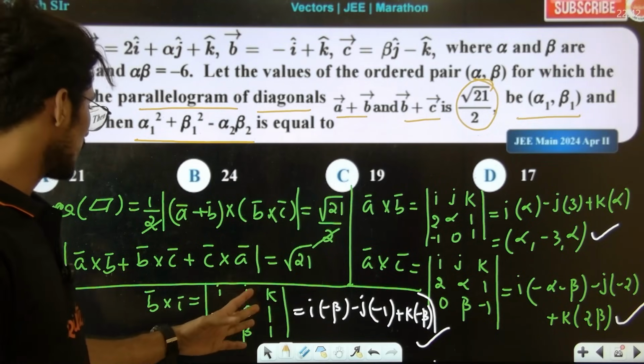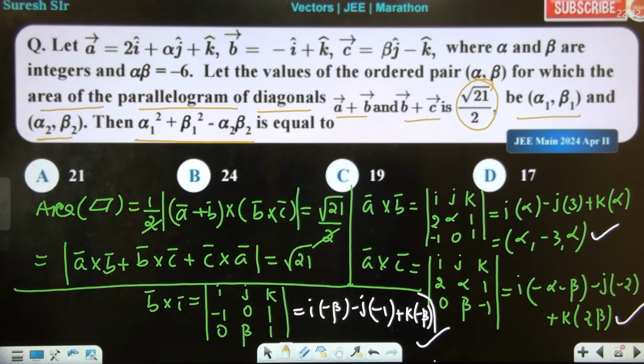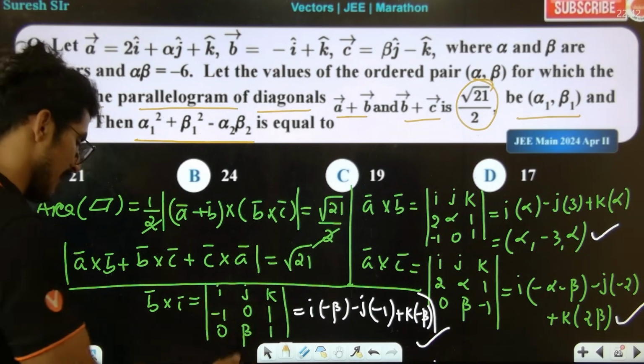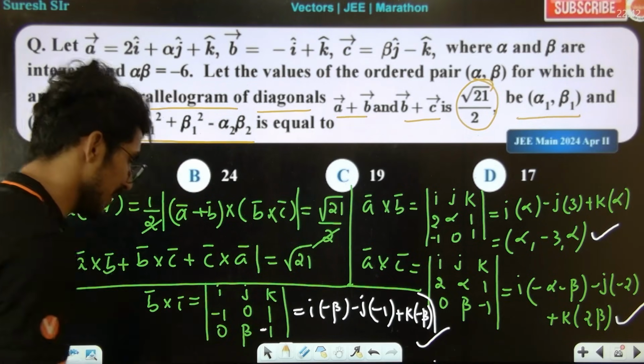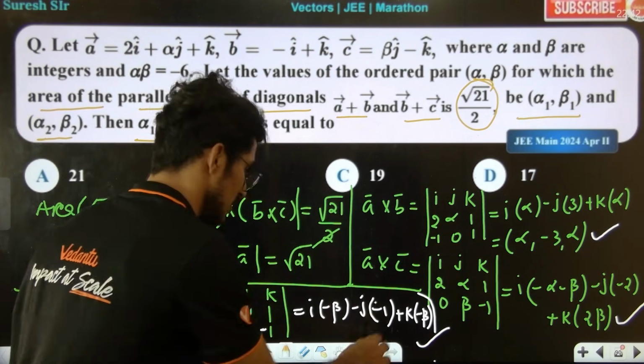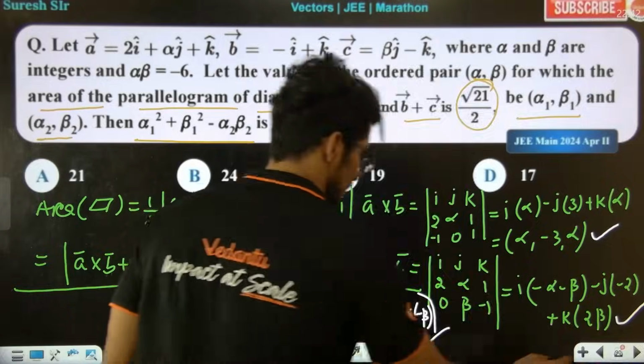Correct only. So B cross C is going to be what, sir? Minus, but I am getting either 1, please check. Minus j and then C vector is what, sir? 0 beta, either minus 1, sorry, I wrote wrongly here. Here minus 1 will come. Upon this will be plus. If this is plus, this is plus.